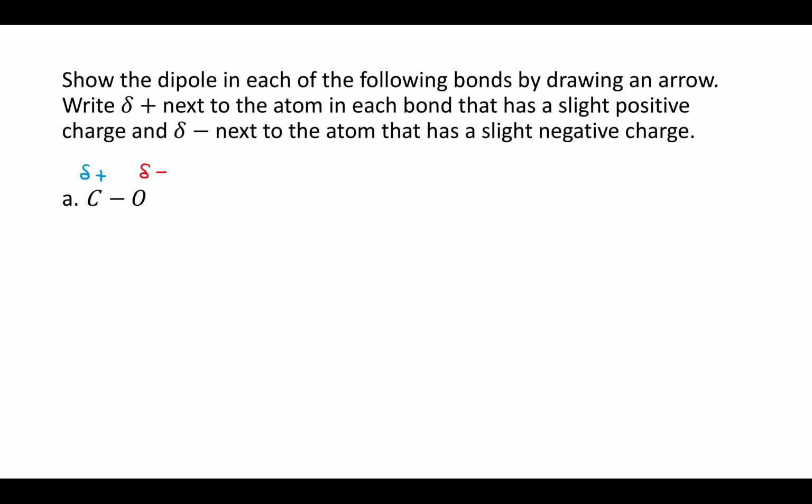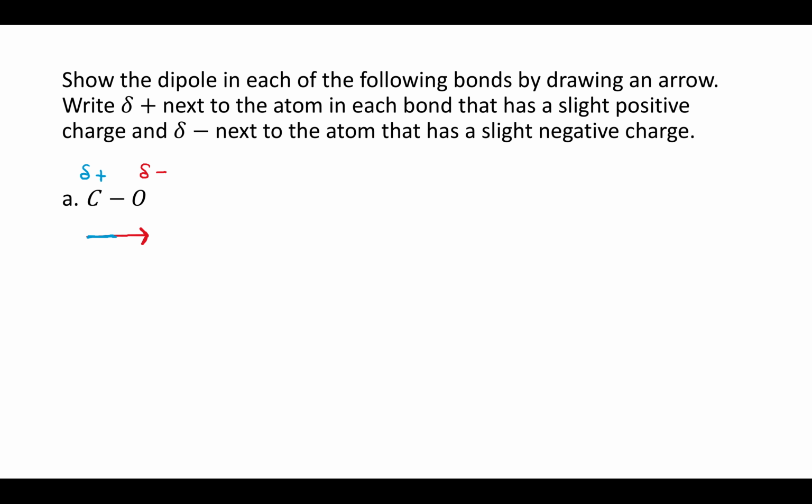So one way to draw dipoles is with this delta plus and delta minus. There's another way using an arrow. The arrow points in the direction of where the electrons are going. They're pointing toward the more electronegative atom, the atom that is attracting the electrons more.